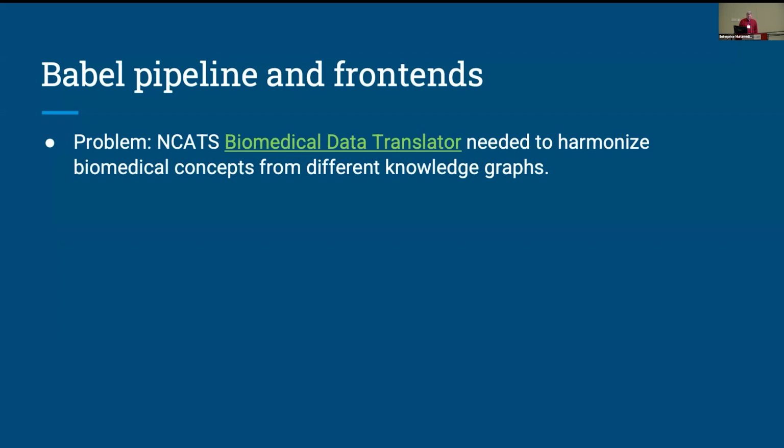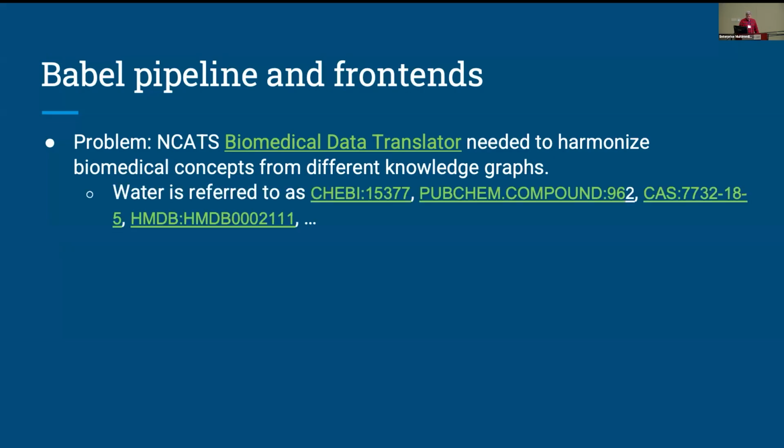The problem that the Babel pipeline is intended to solve is that the Biomedical Data Translator needs to harmonize biomedical concepts from different knowledge graphs. So if it picks up a knowledge graph from one source, it might see that water is referred to by a ChEBI identifier, like 15377. From another source, the same water molecule would be referred to by a PubChem compound identifier, 962.